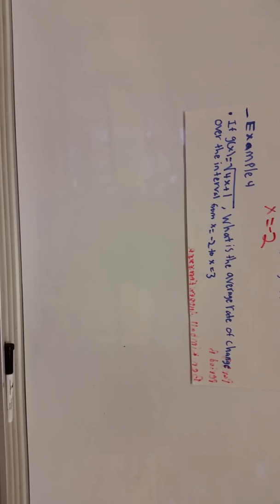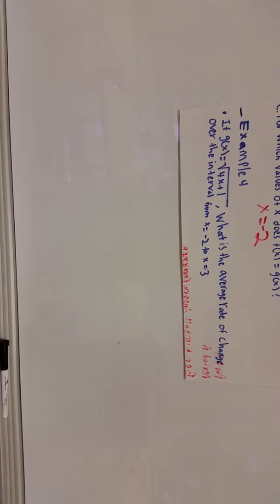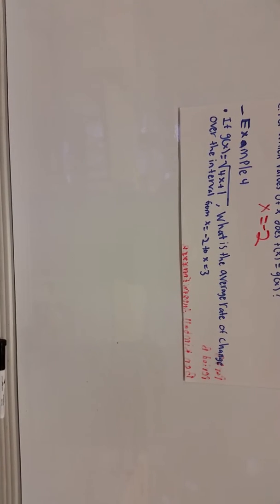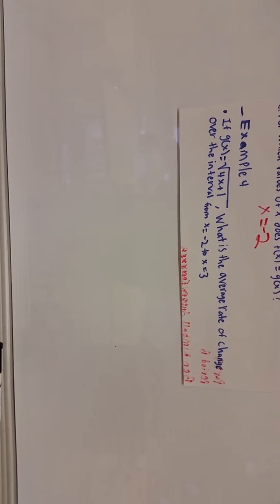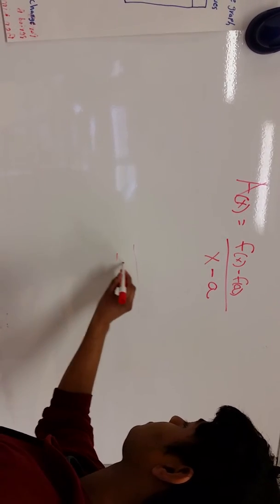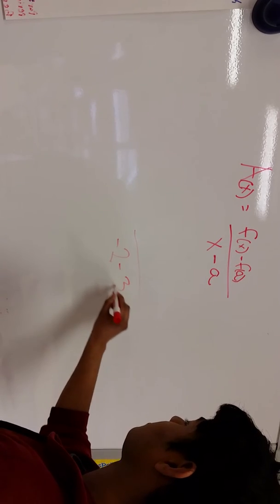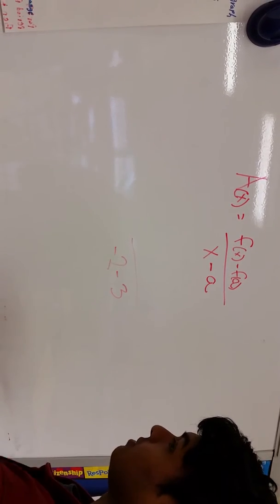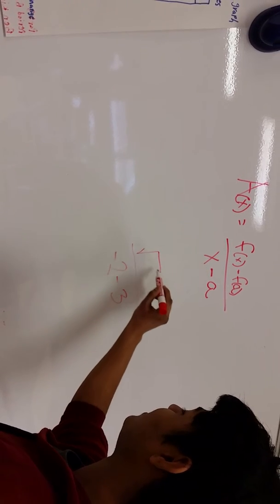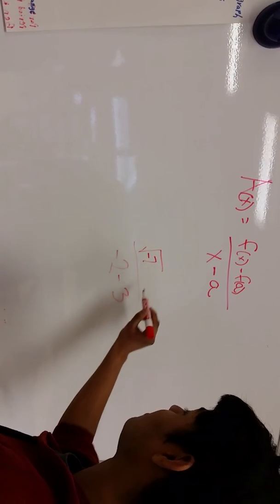Example 4. If g of x equals the square root of f of x plus 1, what is the average rate of change over the interval from x equals negative 2 to x equals 3? So when you plug in a negative 2, you get the square root of negative 7.